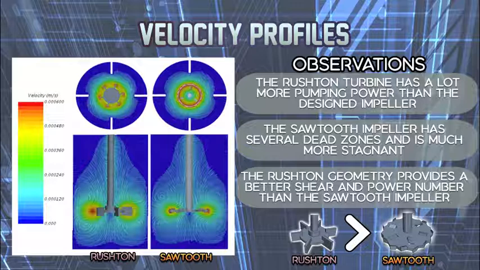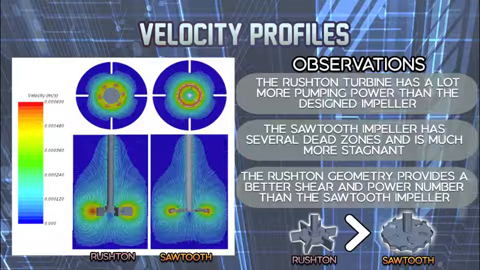This figure represents the velocity profiles that were obtained for each equipment at turbulent regimes, which was when the Reynolds number was at 10,000. The Russian turbine has a lot more pumping power than the impeller that was designed, and also our impeller showed a lot of dead zones and was much more stagnant.